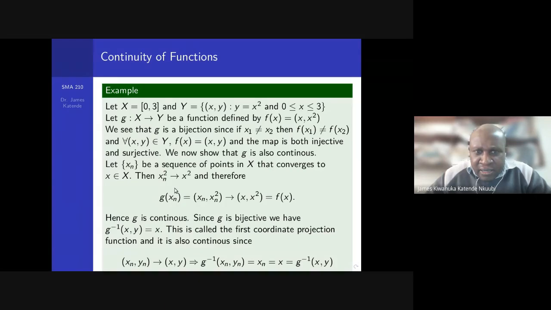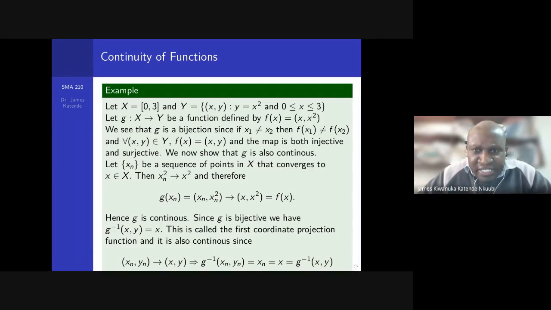I think I've changed this to G when it should be F, or the ones up here should be G, so that we are consistent throughout. We need one letter to represent the function throughout, so we'll just continue with G. I think I will change everything else to G before I share the slides.